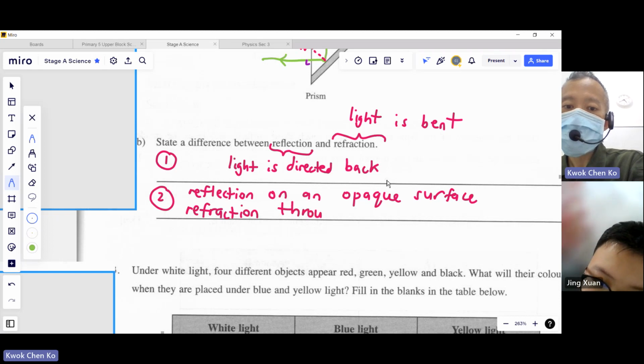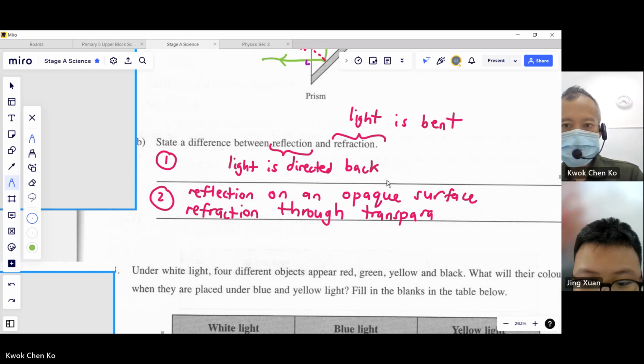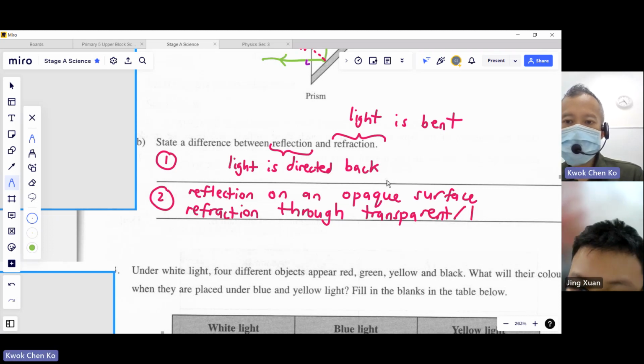Notice the two prepositions. One is on, one is through. Through a transparent or at least translucent surface.